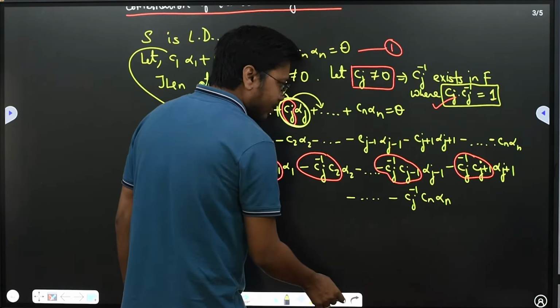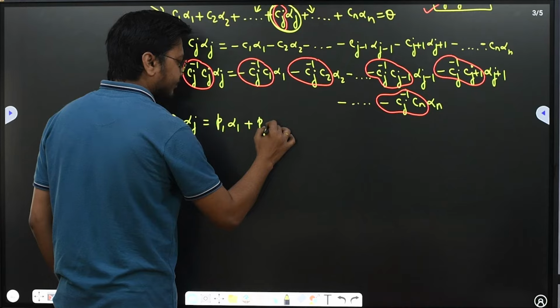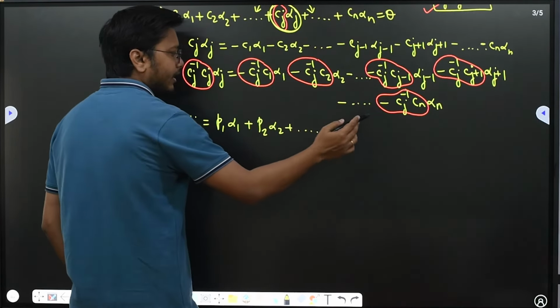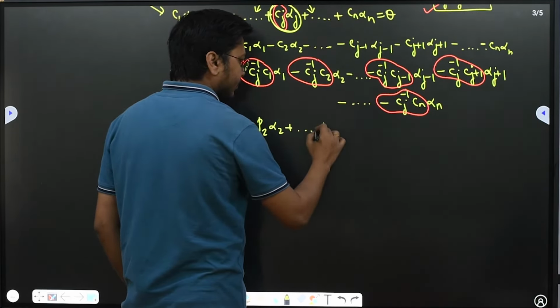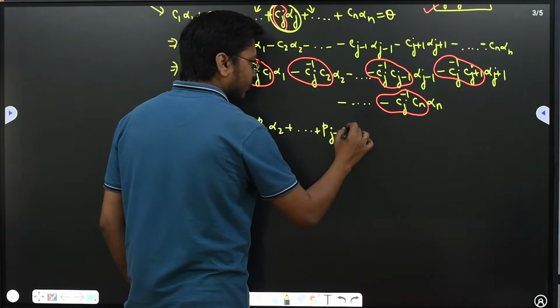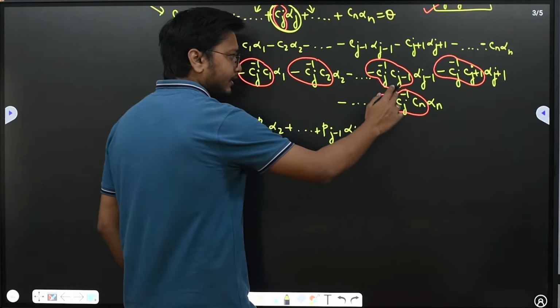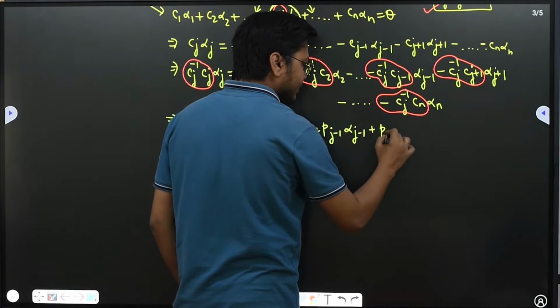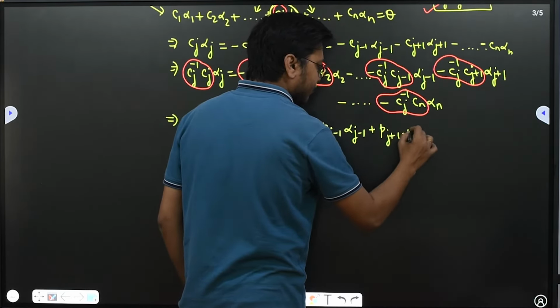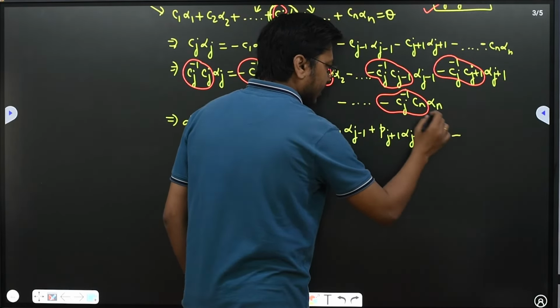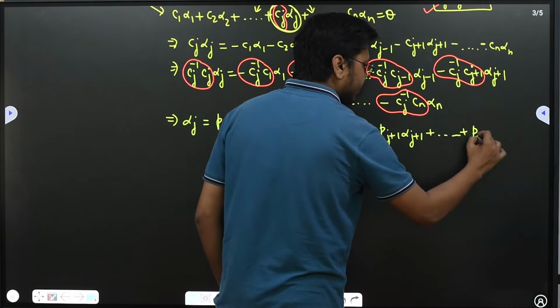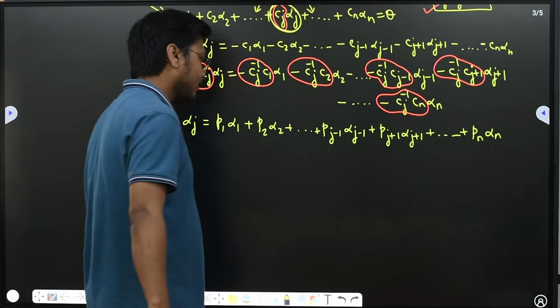So if I rename these elements to make it look better, on the left hand side I have only alpha j, and on the right hand side I have P1 alpha 1, then P2 alpha 2. Like this, when I reach the j minus 1th element, it's going to be Pj minus 1 alpha j minus 1, then the next one would be Pj plus 1 alpha j plus 1, and when I reach the last element, it's going to be Pn alpha n, right?